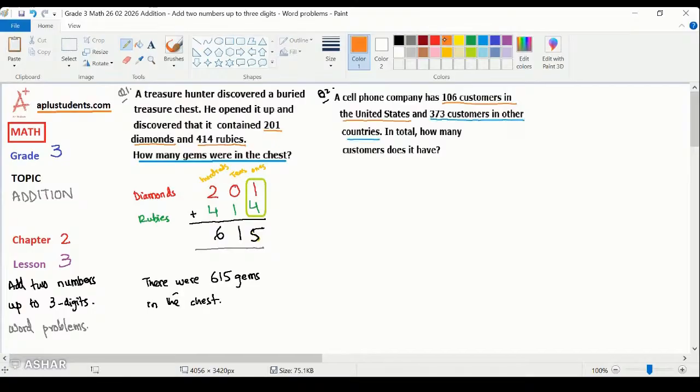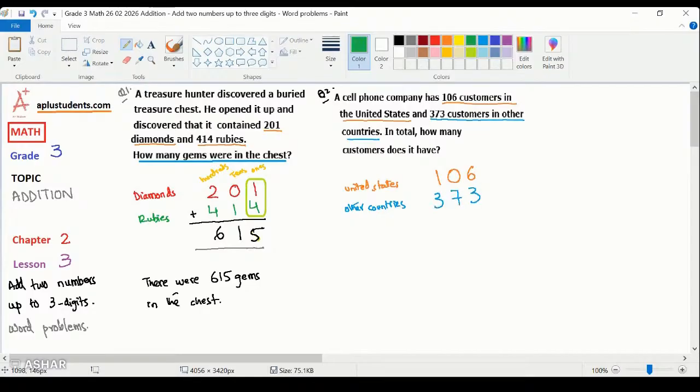So if we need to add the customers, we say how many were in United States? There were 106. Other countries, there were 373.